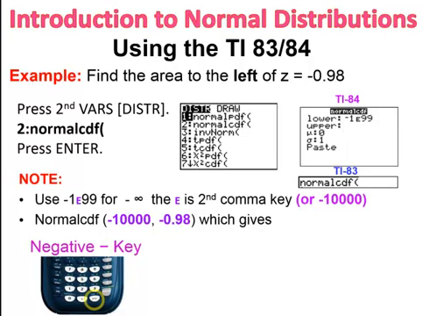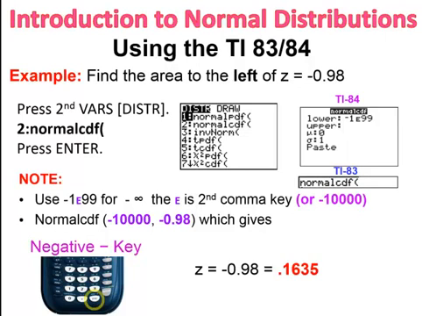So in the normal distribution, if you have the older calculator, the first thing you're going to type in is that -10,000. You're going to need a comma to separate your z-score of that -0.98, and then you can hit enter, and you will get the area for that z-value, which would be 0.1635.